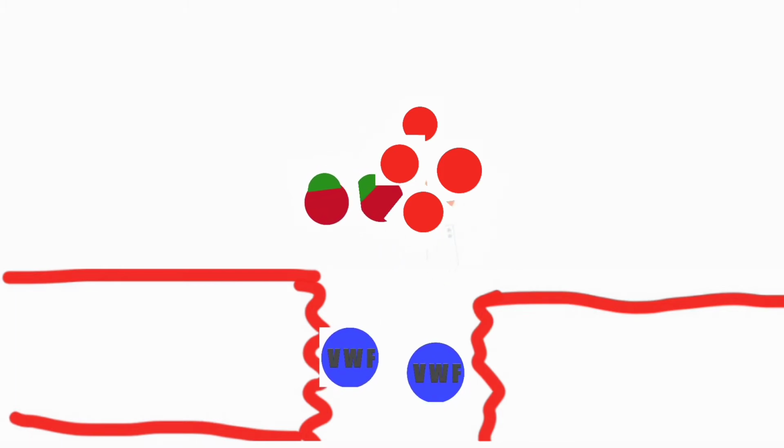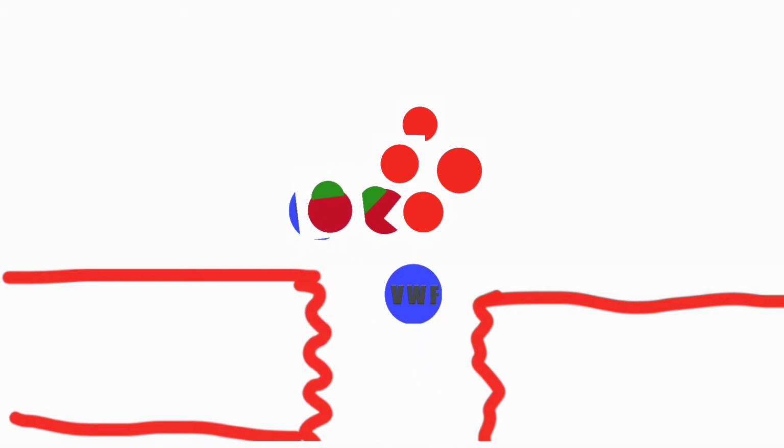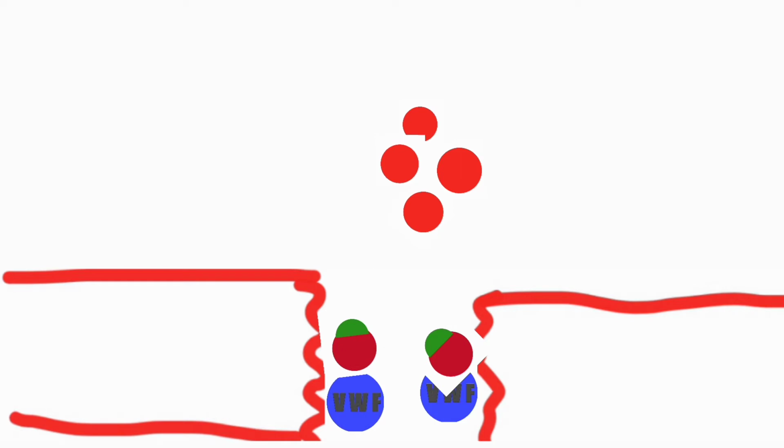What this von Willebrand factor protein will do is that it will stimulate the activated platelets to bind to the site of the injury. This is what I mean. So it will stimulate these activated platelets to bind to this side of the damaged endothelial cells.